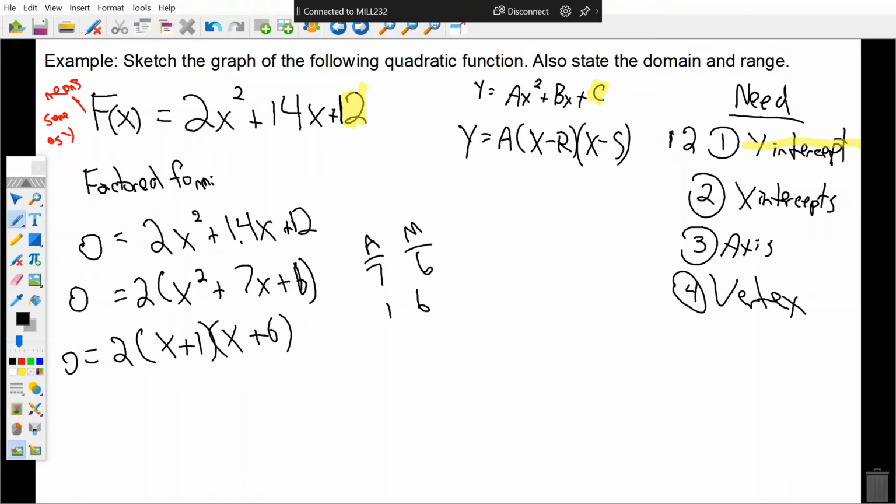So now to find the x-intercepts, we have to make both of these binomials equal to 0 and then solve for x, and then we will have our x-intercepts. So x plus 1 equals 0, and x plus 6 equals 0.